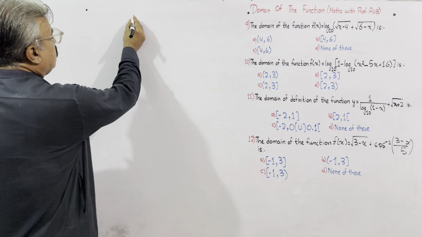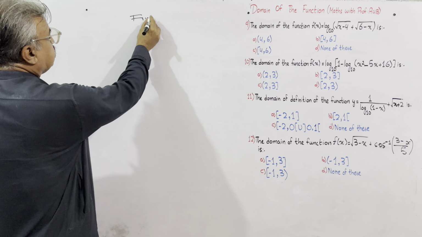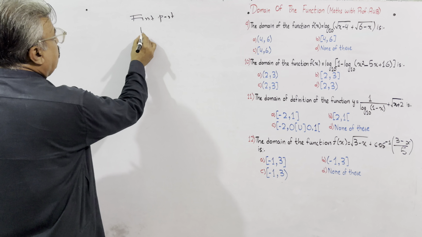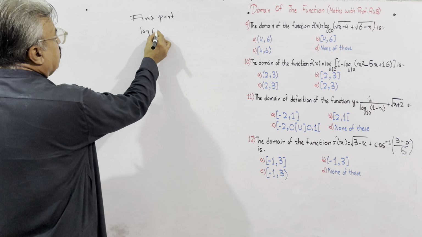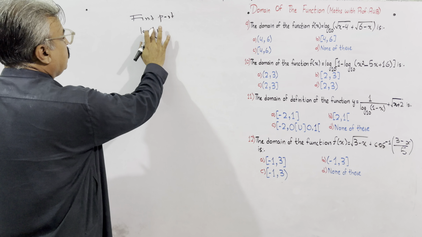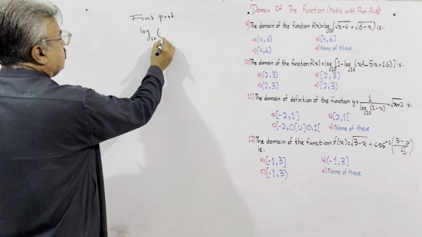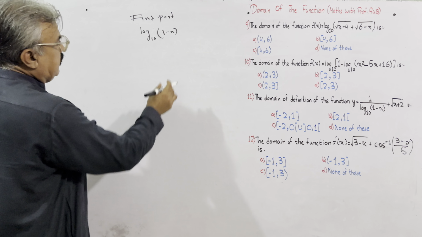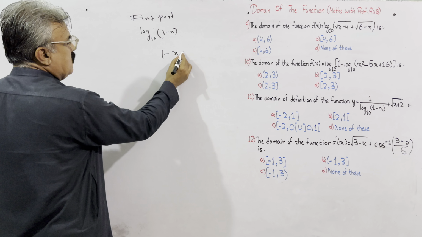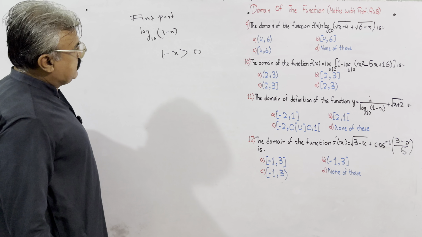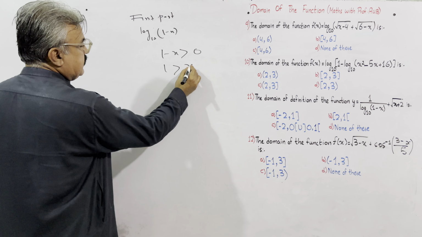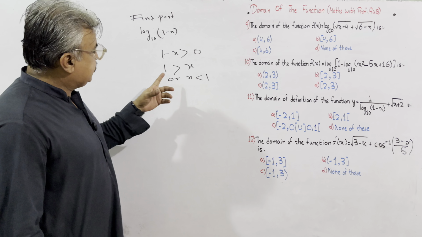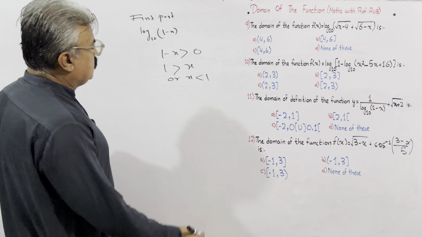Dealing with them one by one, taking the first part, log of 1 minus x at the base 10 is defined for positive values. So 1 minus x is greater than 0, or 1 is greater than x. Writing this inequality in that fashion, 1 is greater than x or x is less than 1, both are the same.